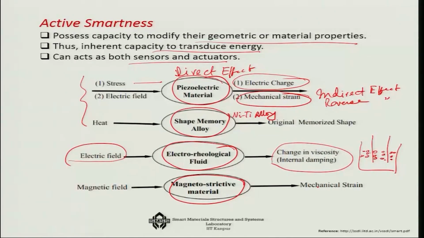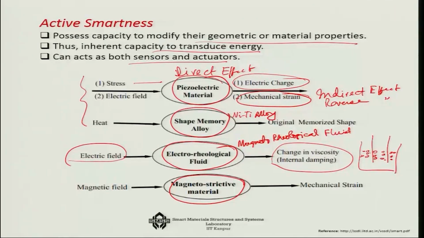There are many fantastic applications, particularly not with electric field but with magnetic field, and we call such materials magnetorheological material. Very similar to this effect, but the source responsible is not electric field but magnetic field.